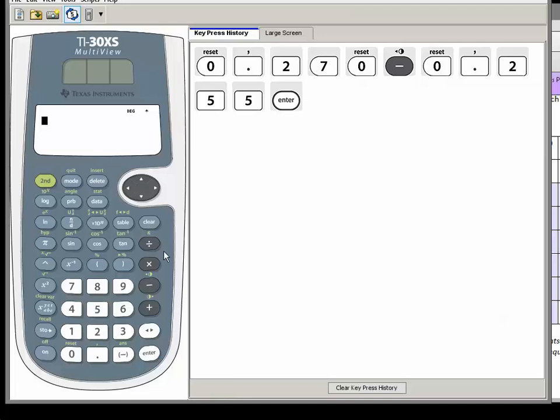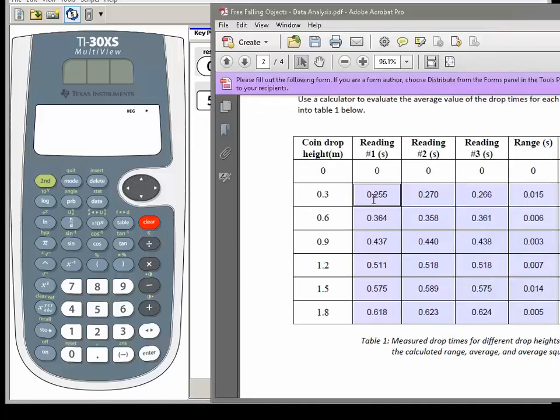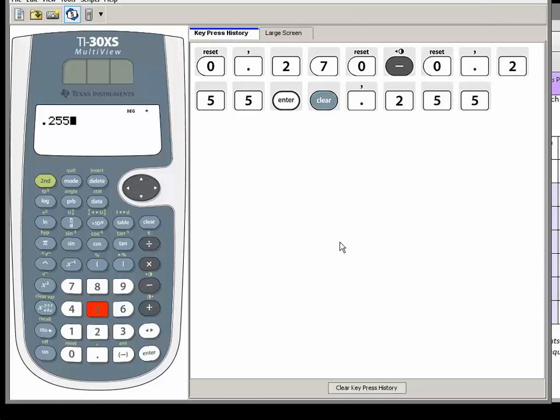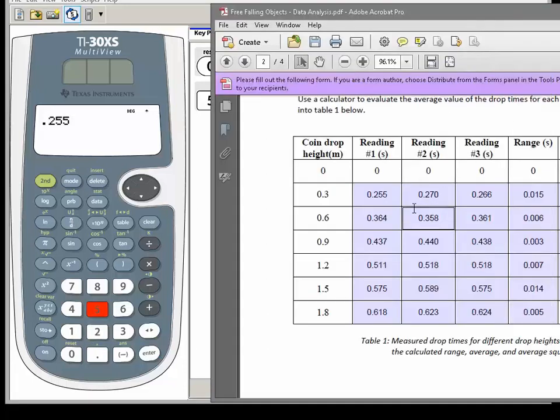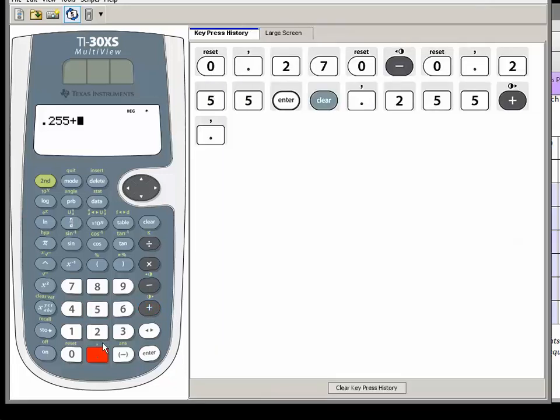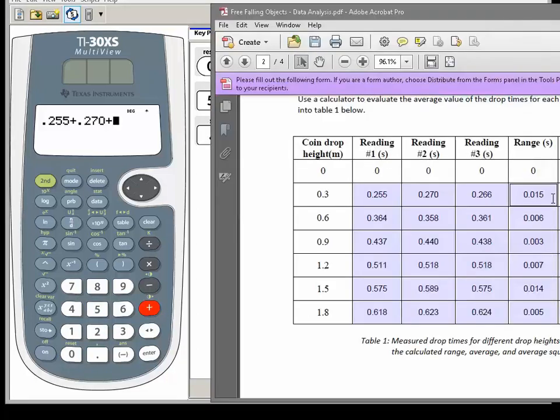First, we're going to clear our calculator and then add 0.255 to 0.270 and add to that 0.266.